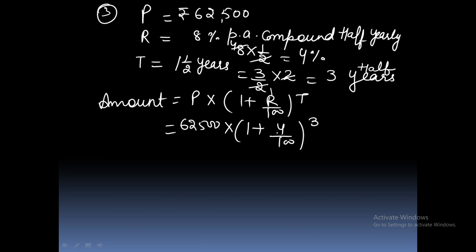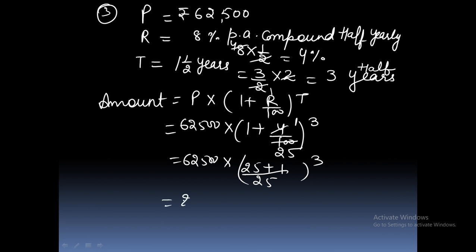Time is given as 3 half years. 4 ones are 4, 4 25s are 100. 62,500 multiplied by 25 is taken as LCM. 25 ones are 25 and here 1 is plus. 62,500 multiplied by 26 by 25, multiplied by 26 by 25, multiplied by 26 by 25, 3 times.